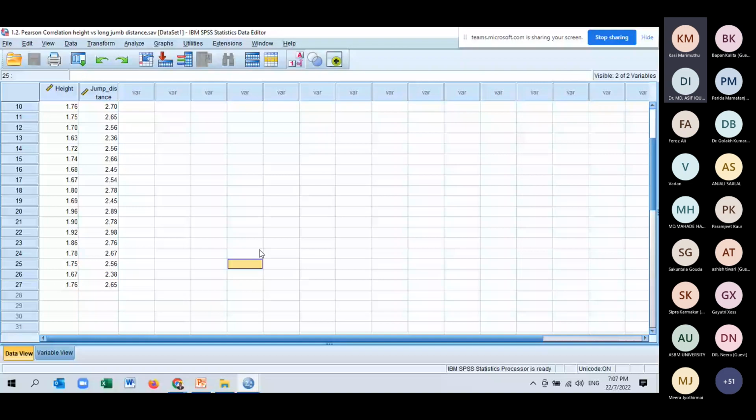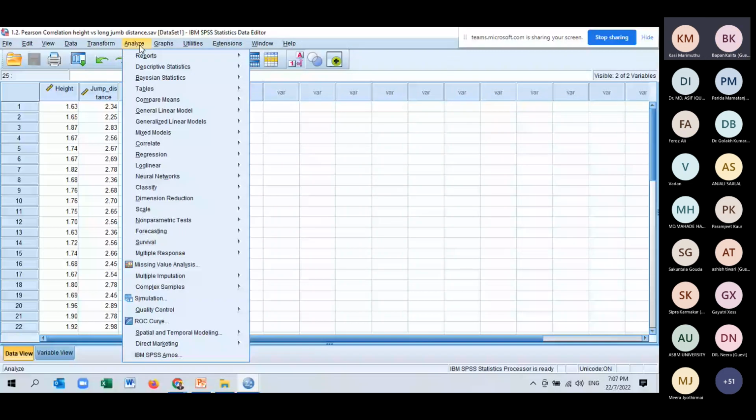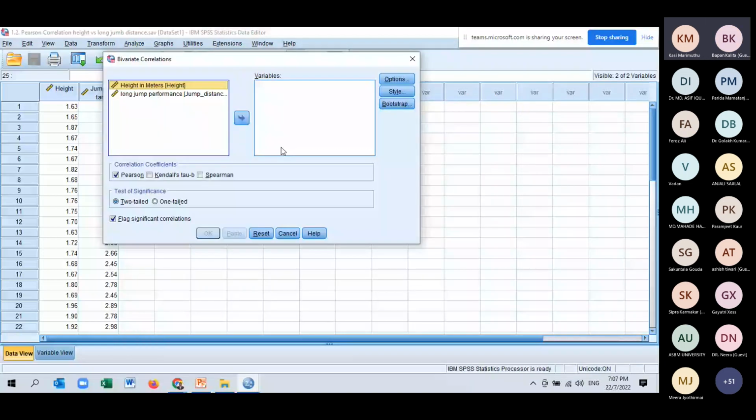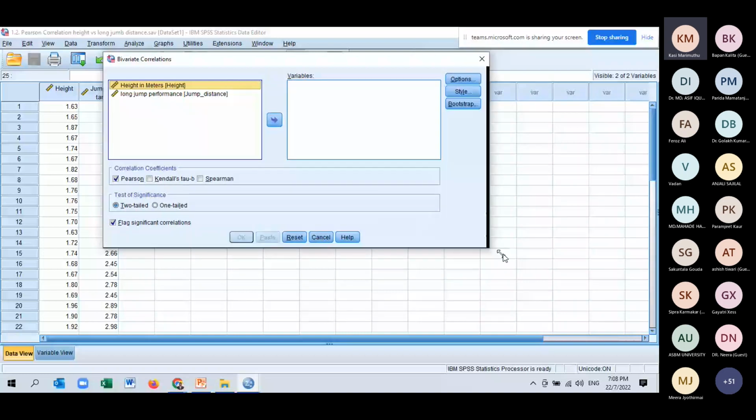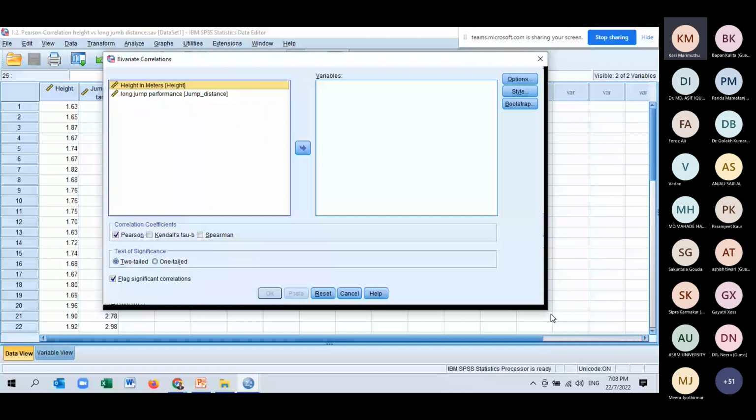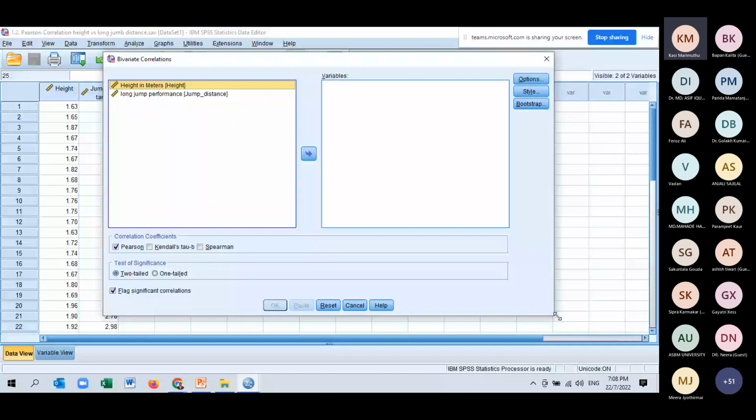Shall we run the Pearson correlation? Go to Analyze, Correlate, Bivariate. Very, very simple. The only thing is you need to know how to key in the data in SPSS. You need to remember how to key in the data for a given statistical test.